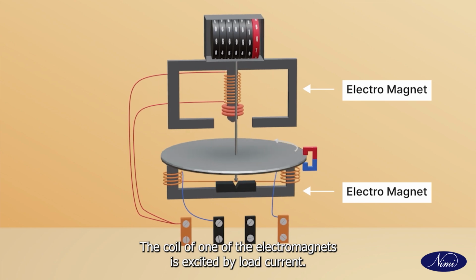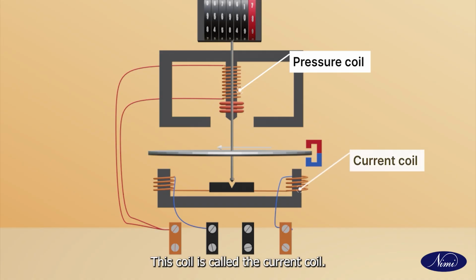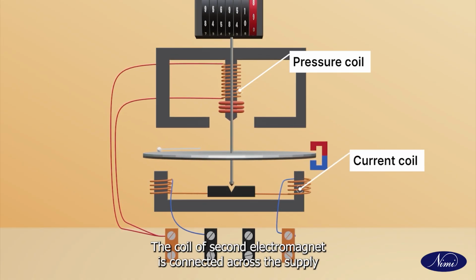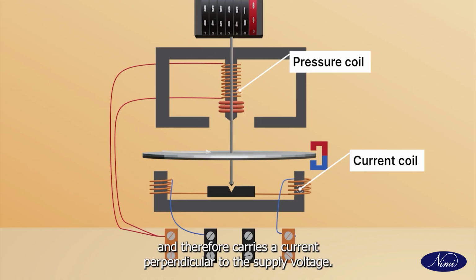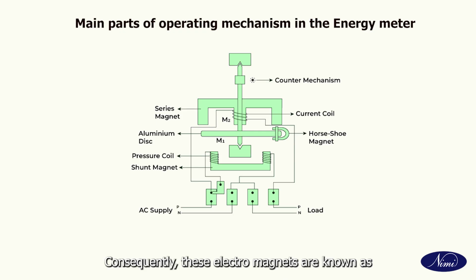The coil of one of the electromagnets is excited by load current. This coil is called the current coil. The coil of the second electromagnet is connected across the supply and therefore carries a current perpendicular to the supply voltage. This coil is called the pressure coil. Consequently, these electromagnets are known as series and shunt magnets respectively.